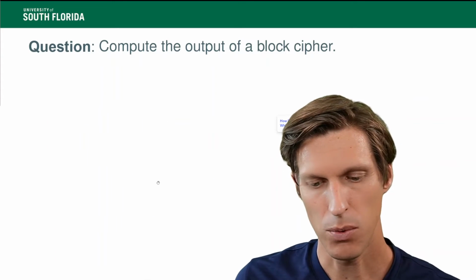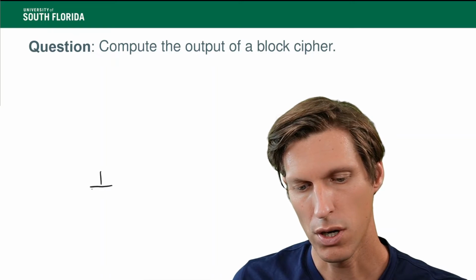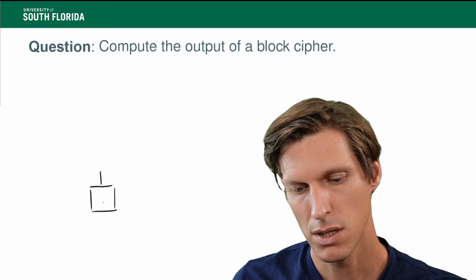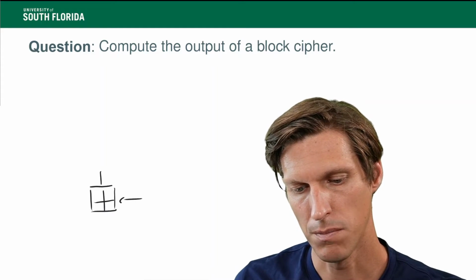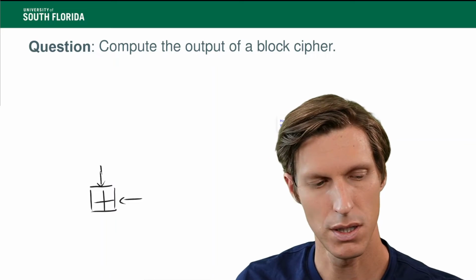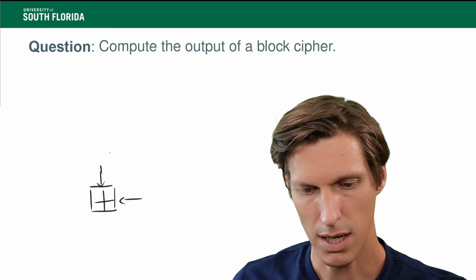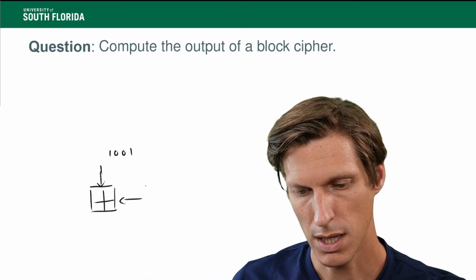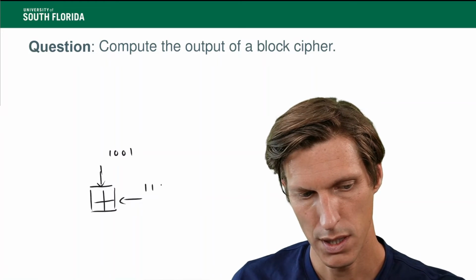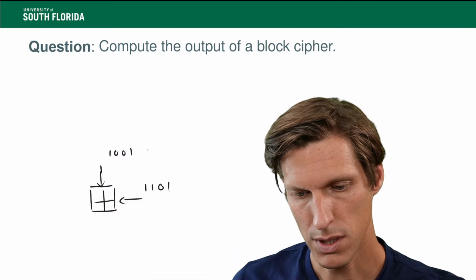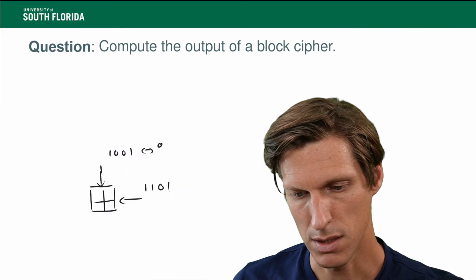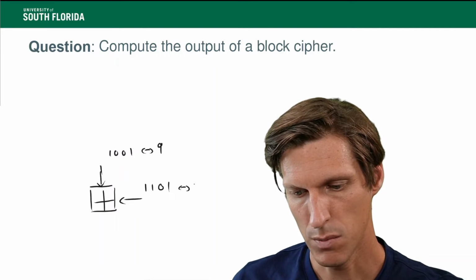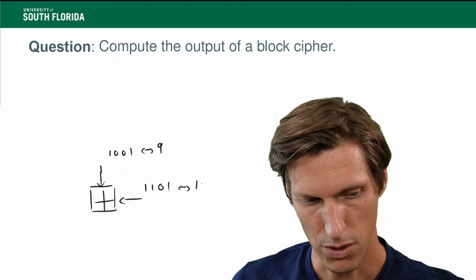As an example, I'm going to work on 4 bits because it's really all I'm comfortable doing on the fly. So let's say you have as input 1, 0, 0, 1, and for example 1, 1, 0, 1. This number in binary is 9, while this number here is 13.